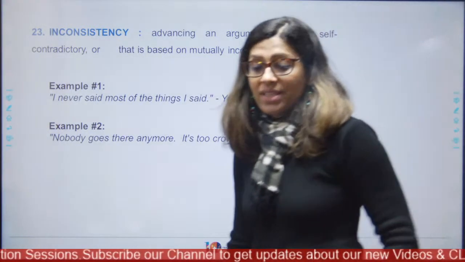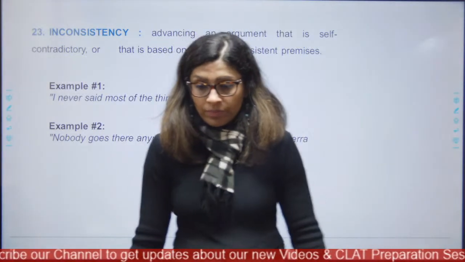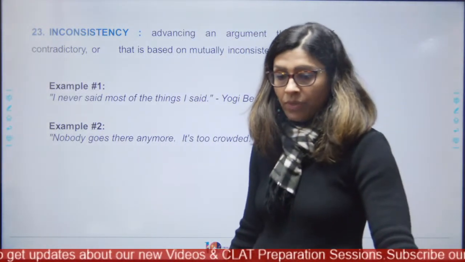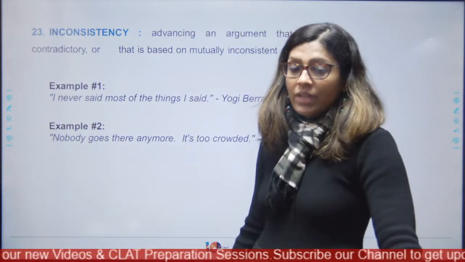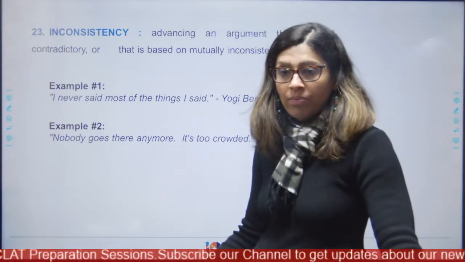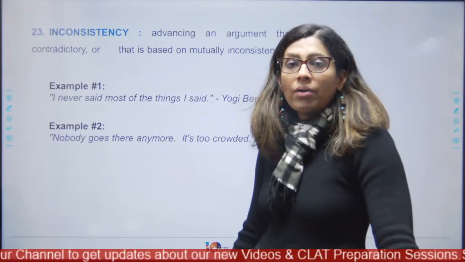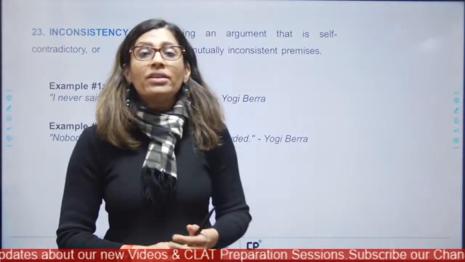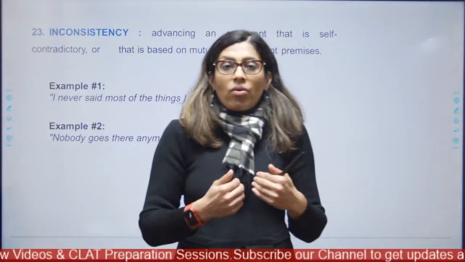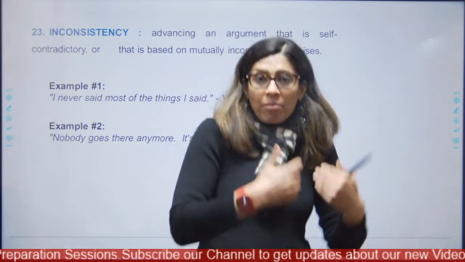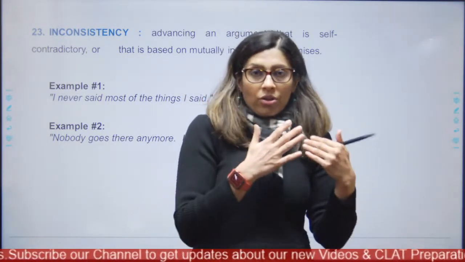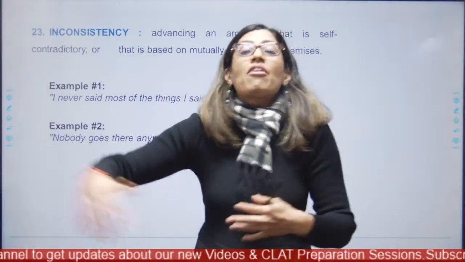Tautology, someone has asked a question on tautology, which means I have done this, therefore I am good. This was the example for Donald Trump. Now, that pretty much means I am good, therefore I am good. You do not support it by saying I have done this, therefore I am good.